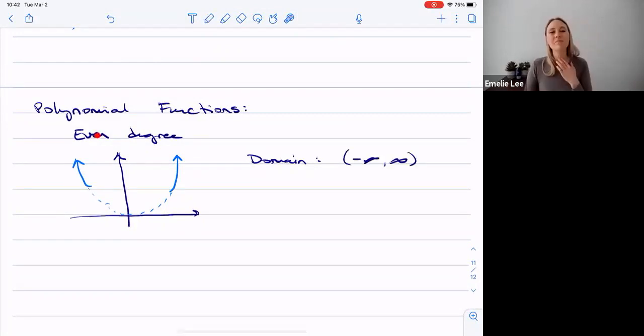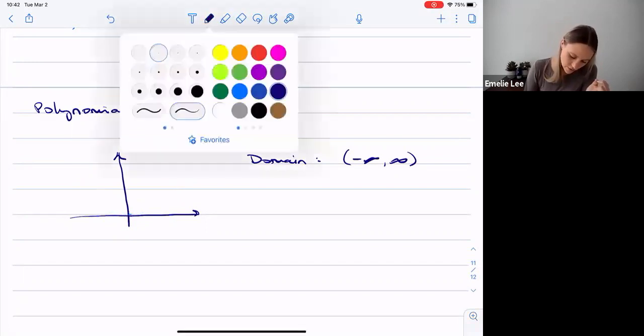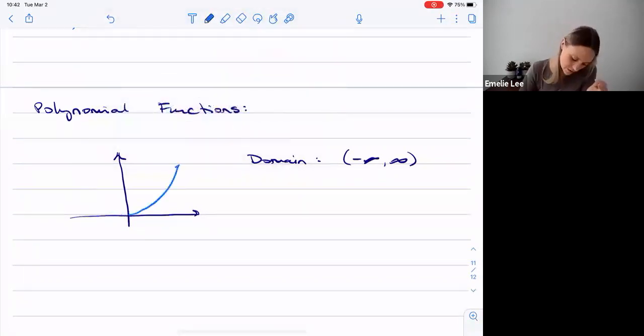The reason I'm hesitating is because we saw where it dipped down. So maybe I should just talk about x squared specifically, not just an even degree, because that opens a can of worms I don't want you to have yet.